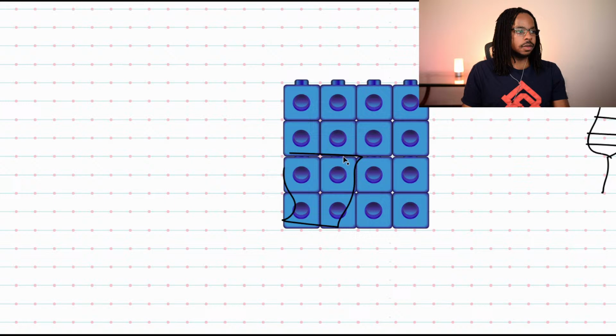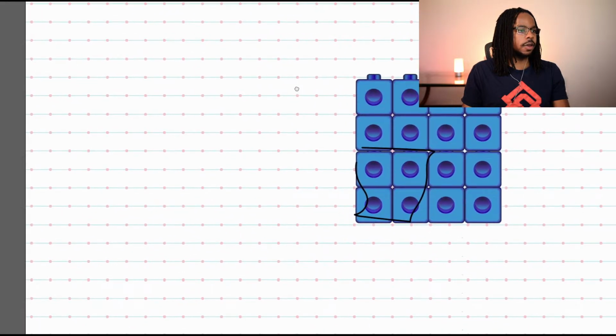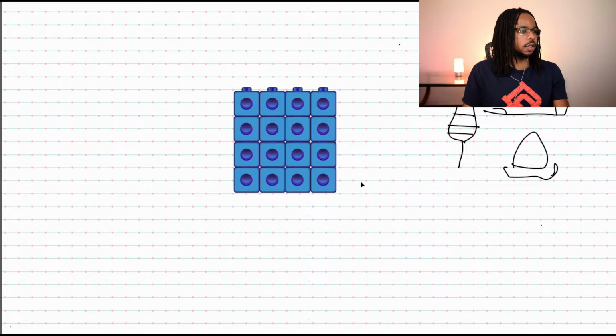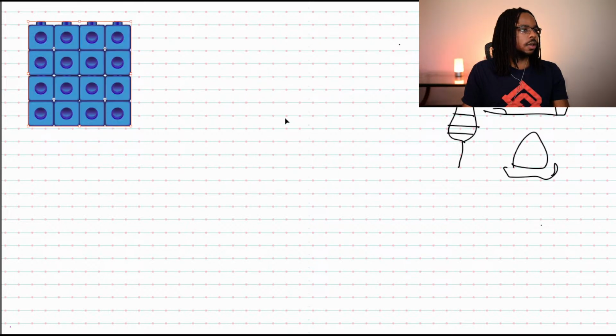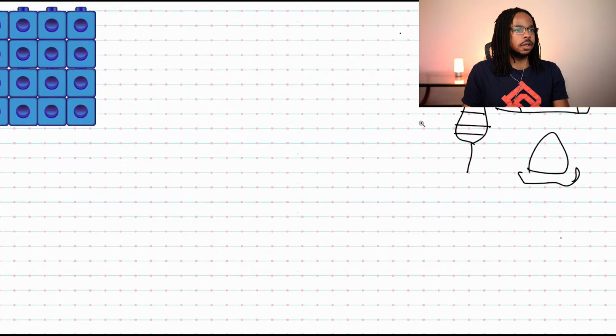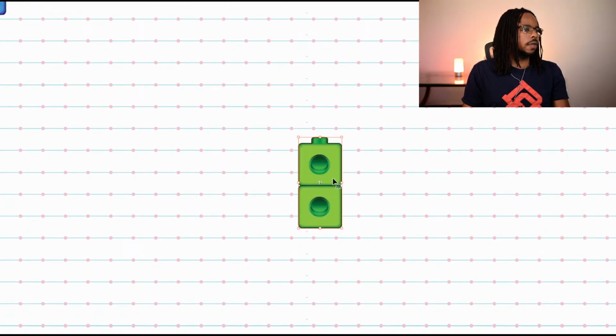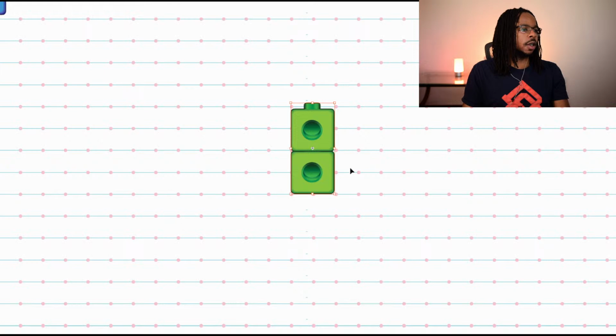You're right. So if I come over here, let's reset this. Ignore the 16 over there for a second. Let's come down here. If these two green pieces are aligned, how big would the square be?